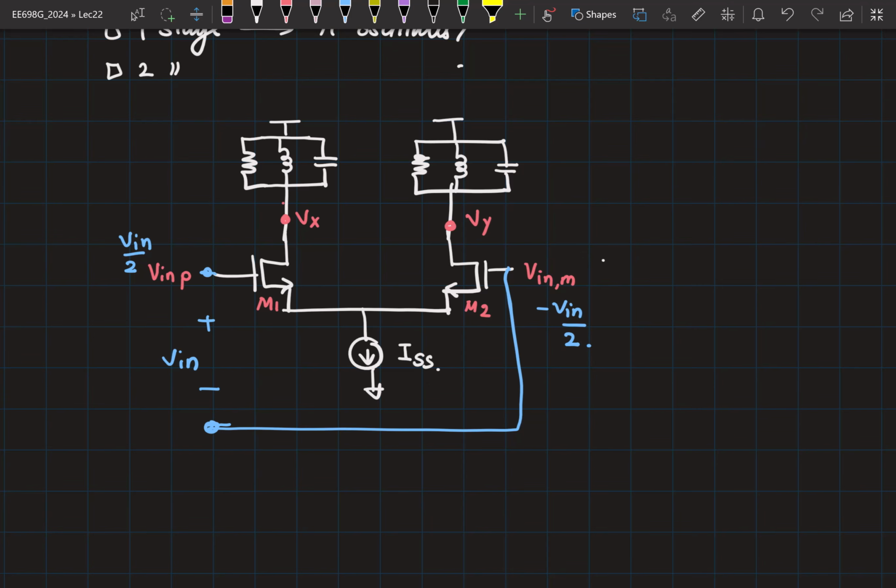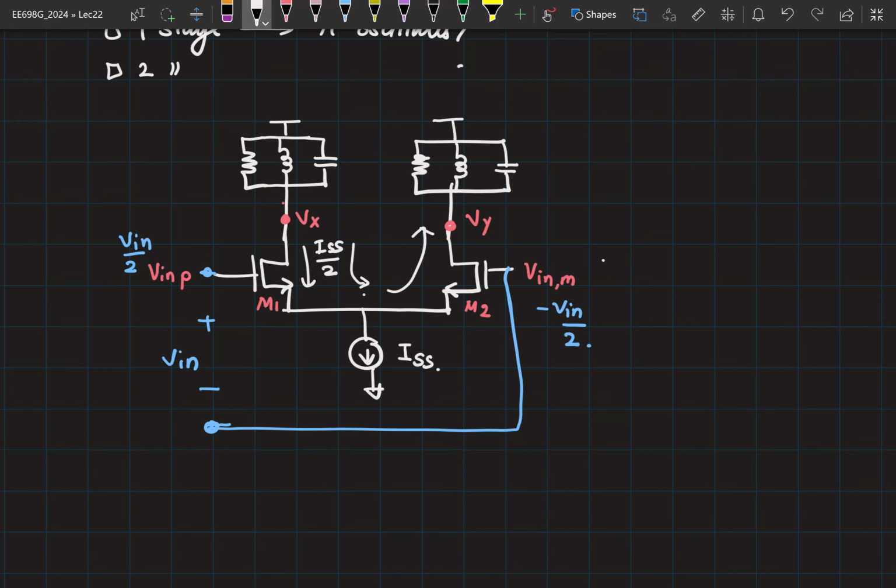Okay. Now in this case what happens? You will have a steady state current of ISS by 2 flowing through this. If I have V in by 2 applied here, what happens to this current? Assume a GM for the transistor. So you'll have an incremental current of GM V in by 2 flowing like this, right? And that same current is going to flow up like this.